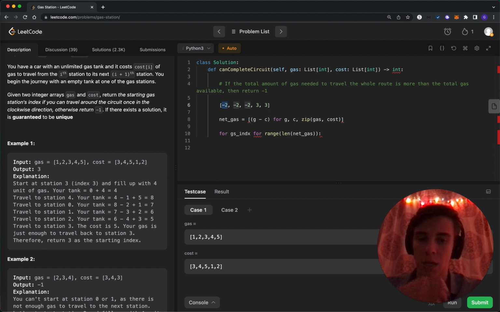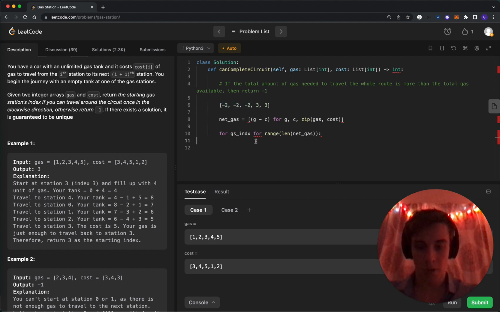I would need to keep track of the current gas tank that I have, right? I would need to keep track of the amount of gas that I would have if I started at this.